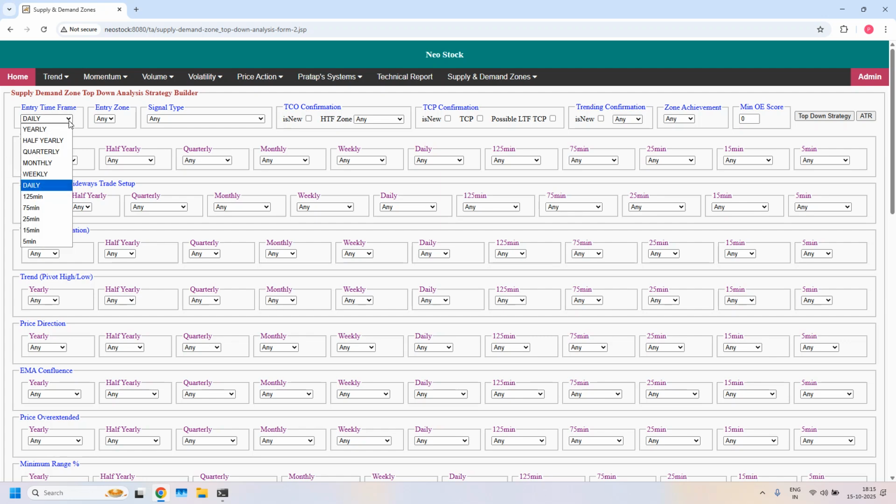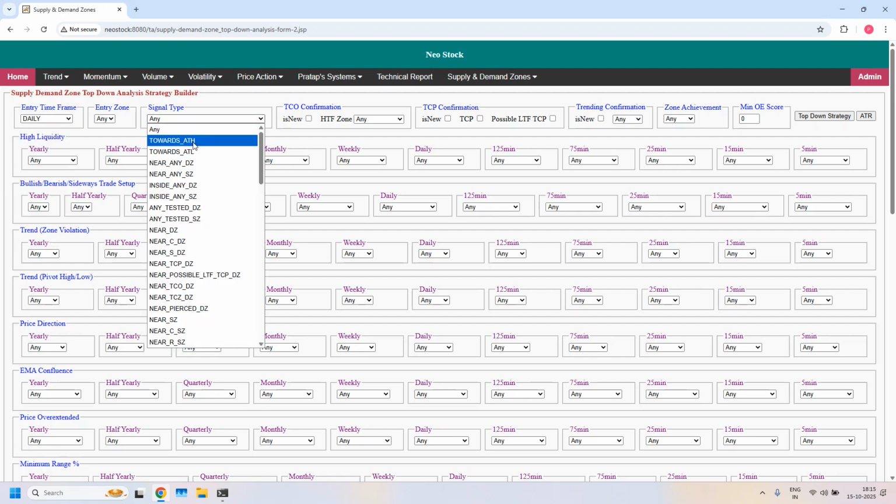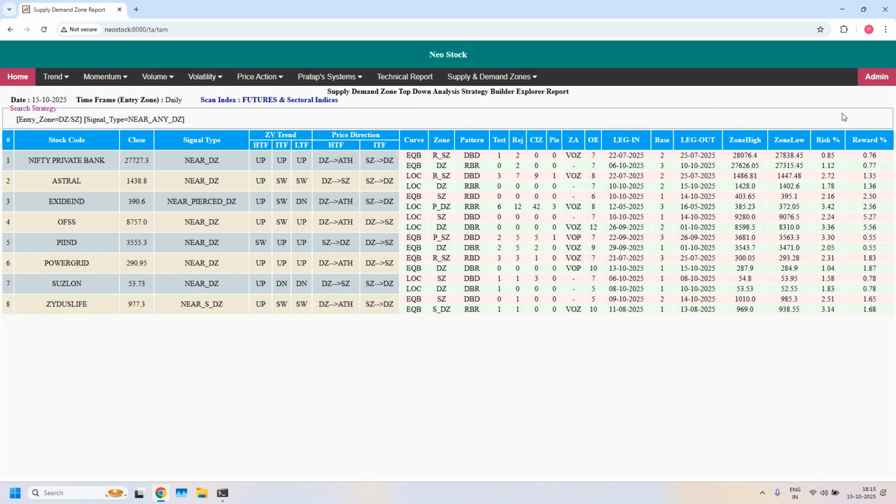Okay, for the daily time frame, stocks near to the daily demand zone, we got 8 stocks. Let us identify daily high liquidity demand zones from this list. We got only one stock, Zydus Life, having a daily high liquidity demand zone.